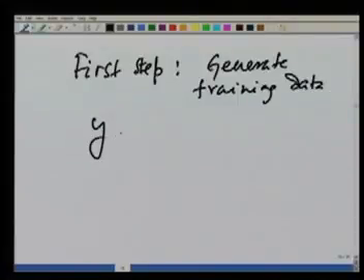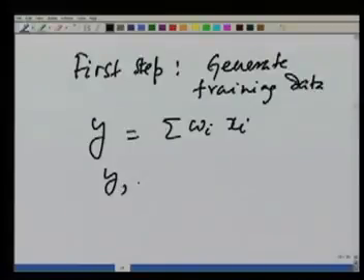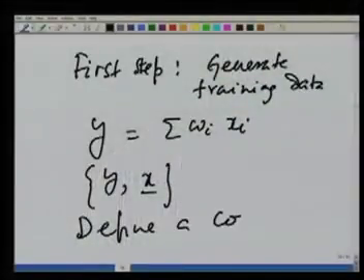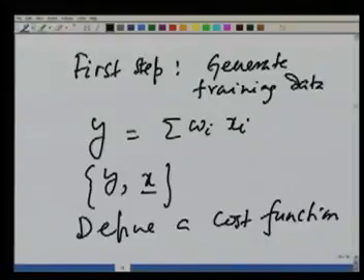So, our model is sigma wi xi. So, I am generating data y and x. So, once I have this data, I define a cost function. What is this cost function?